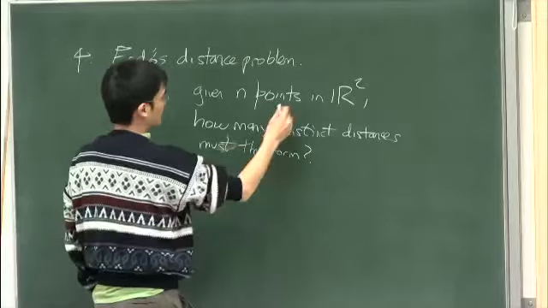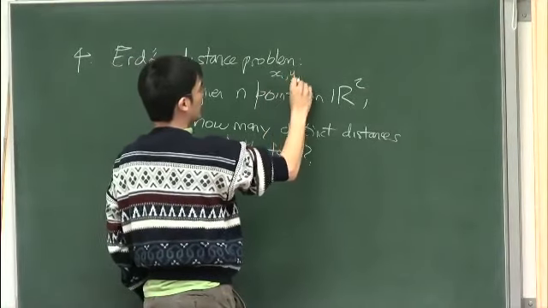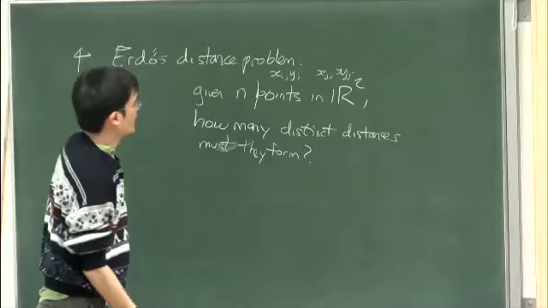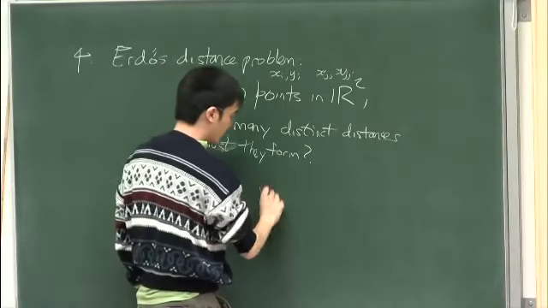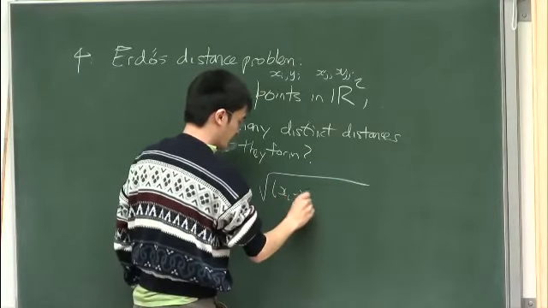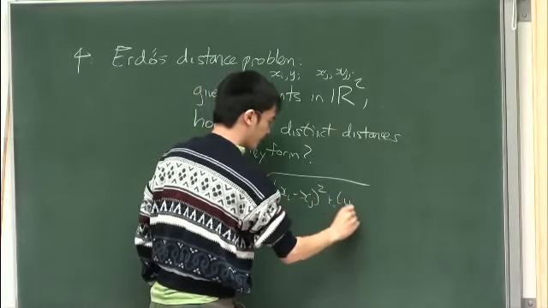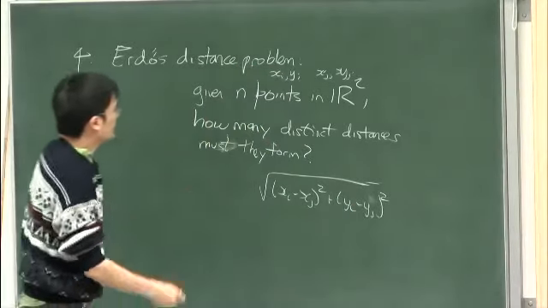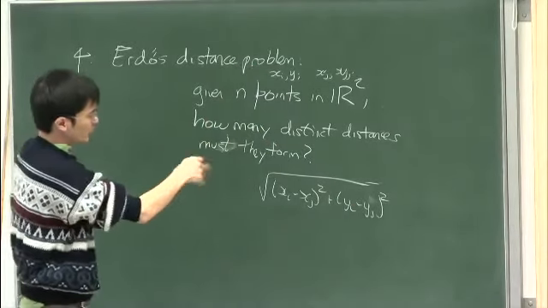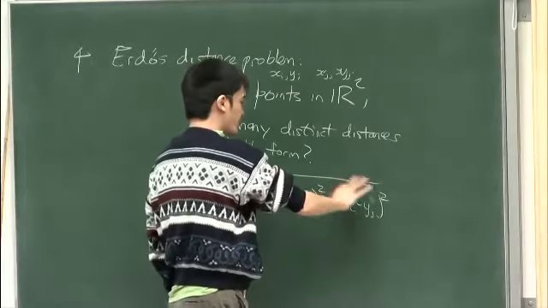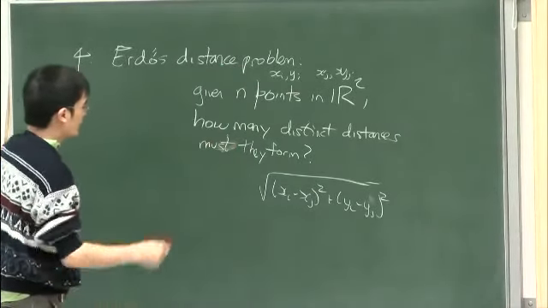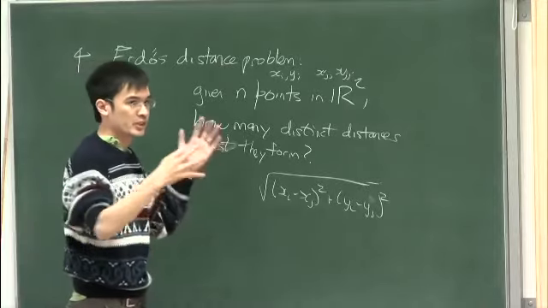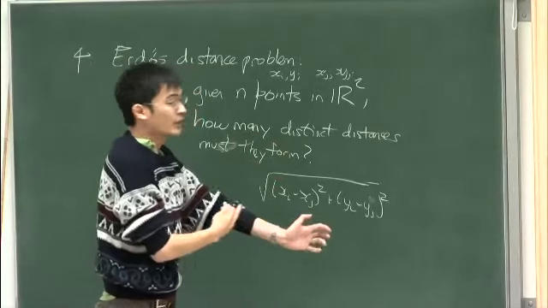If you have 2 points (x_i, y_i) and (x_j, y_j), you form the Euclidean distance, which is just the usual thing. If you have n points, you have n choose 2, so roughly n squared numbers of this type. Generically, if you just pick n random points, you'll get about n squared distances. But the question is, can you arrange your set to have many fewer distances?